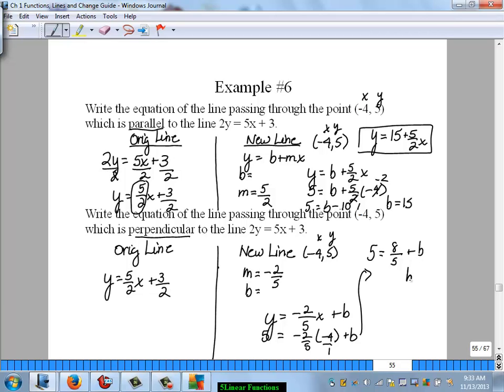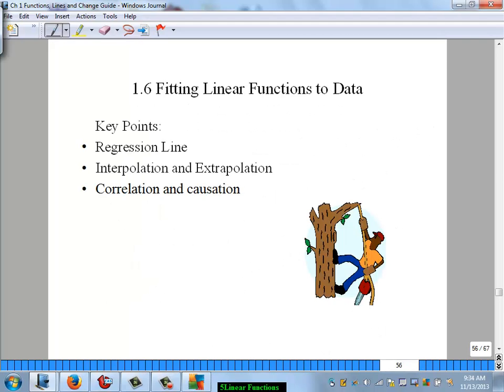Then I subtract 8/5 on both sides. That's 25 over 5 minus 8, so that's 17/5 equals b. So my new line here is y equals 17/5 minus 2/5 x. And we're done.